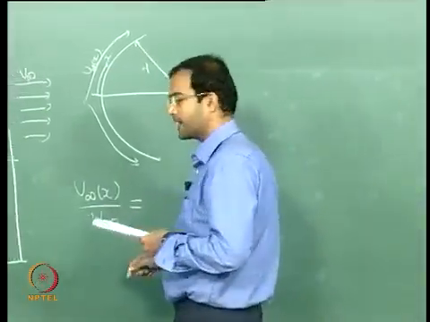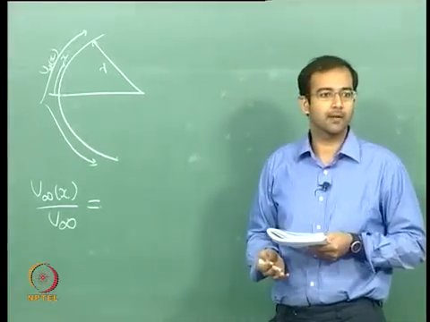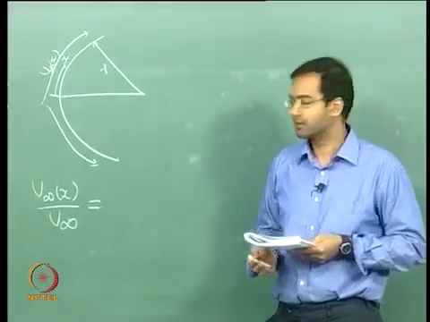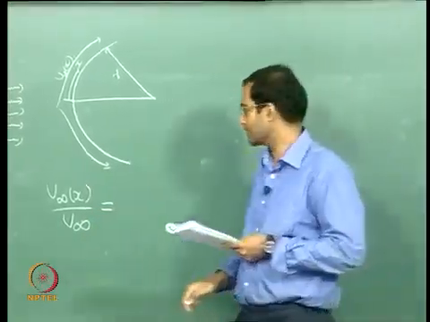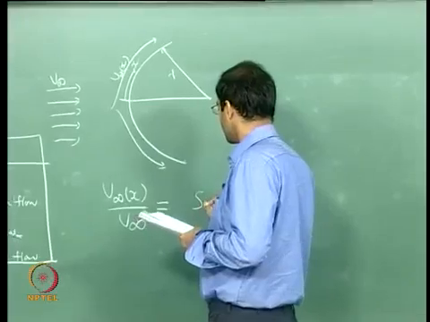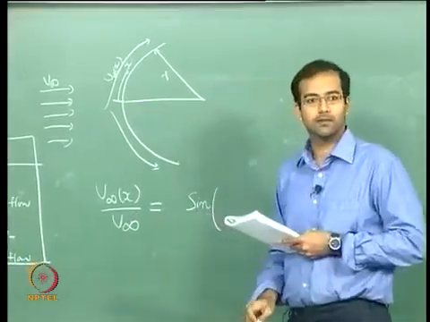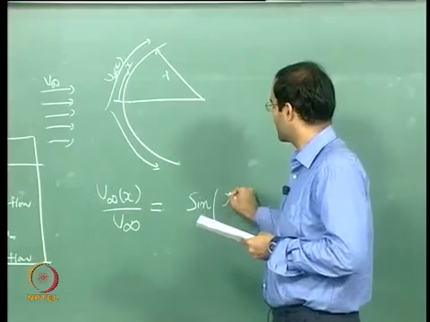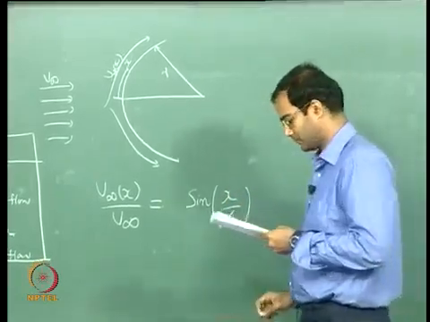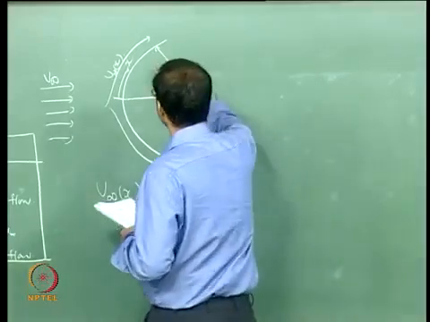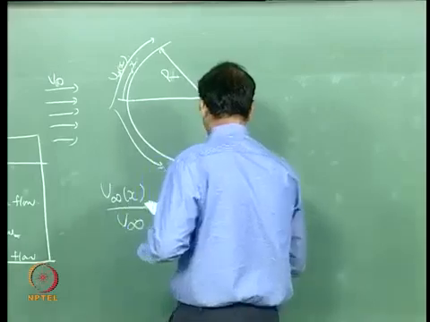So it should be a sinusoidal variation. Sine 0 is 0, sine pi by 2 is 1. So u infinity x by u infinity has to be a sine variation, and what should be the variable? X by R. Maybe I can use a capital R because this is the radius of the cylinder.